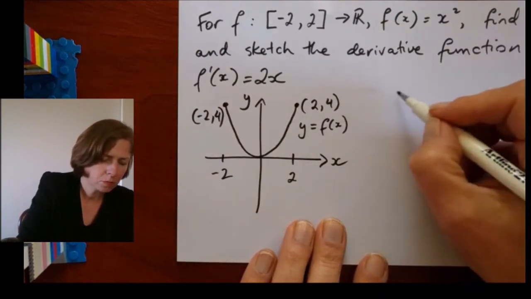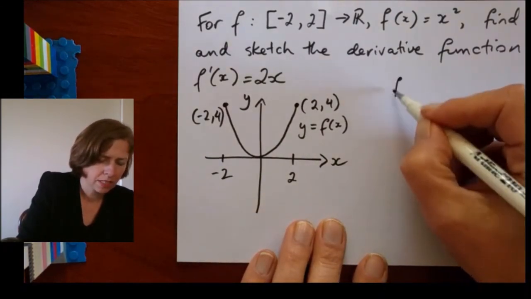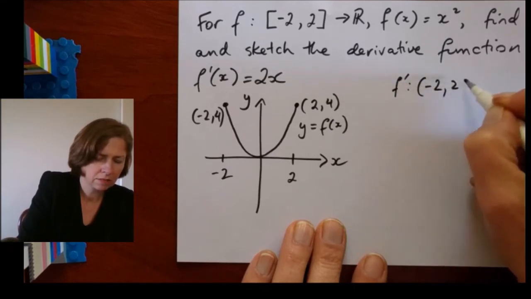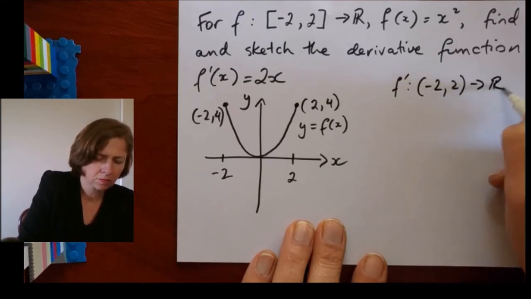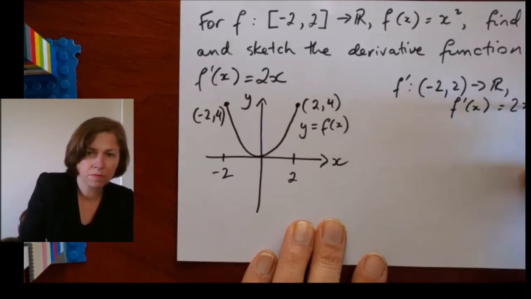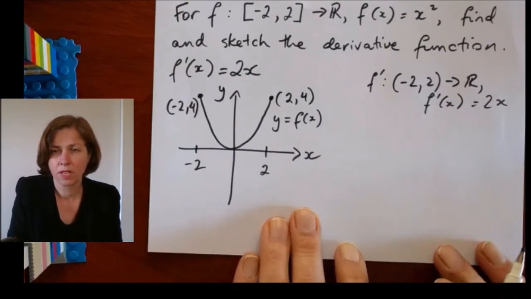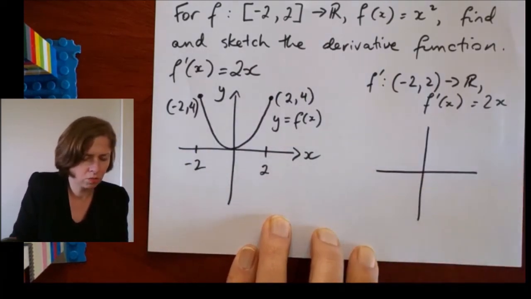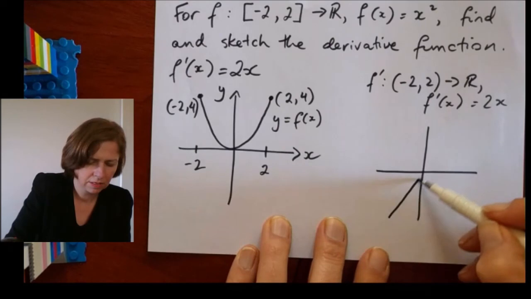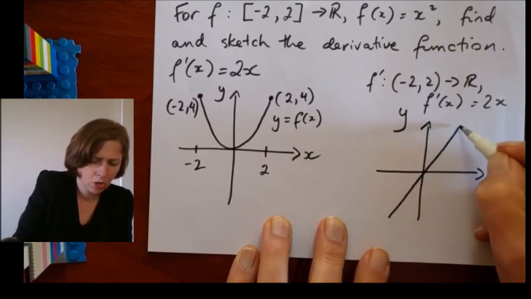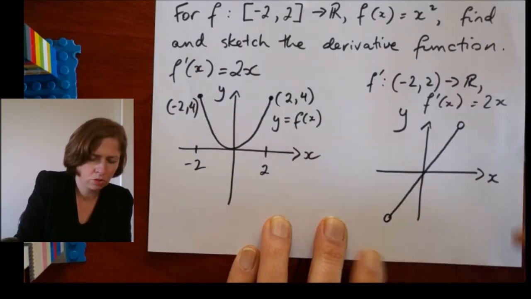Therefore, f dash is going to be this. Okay, and when I sketch it, I'm going to show, what have I got? 2x. I'm going to show open circles here.